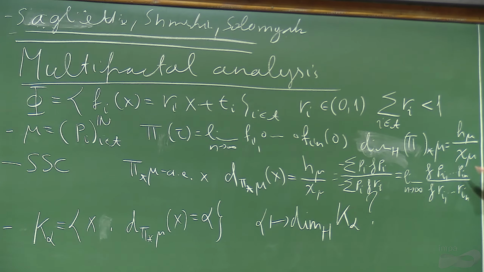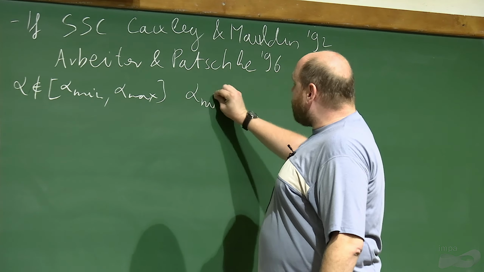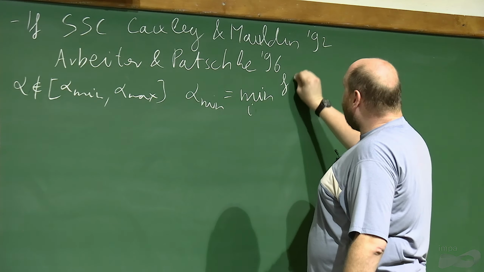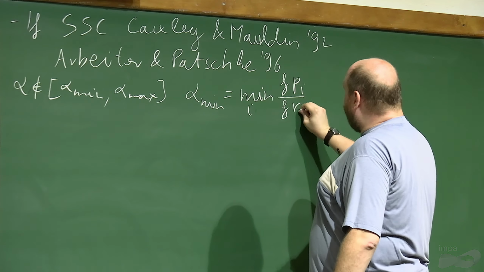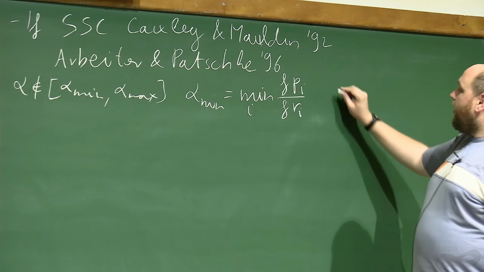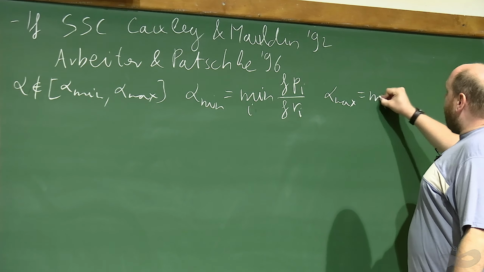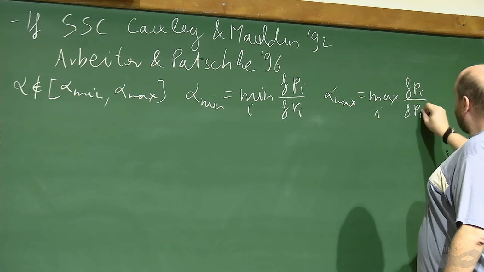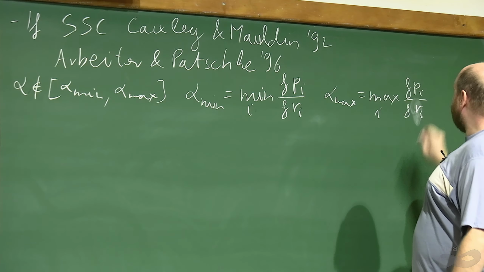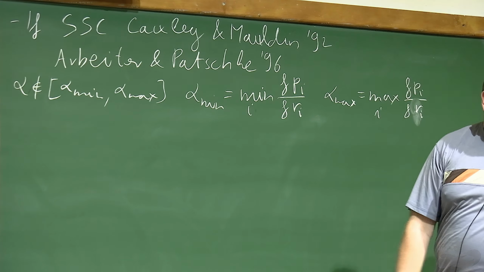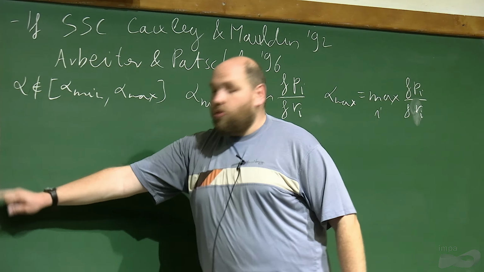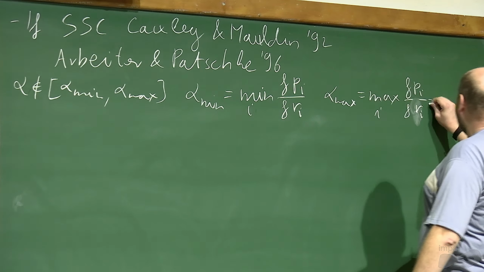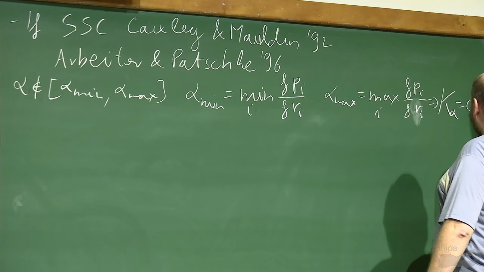And then it's clear that alpha min and alpha max shouldn't be anything else than the smallest possible value of log p_i divided by log r_i, and alpha max should be the maximal possible value. And if you are out of this set, then of course this limit cannot take the value alpha, so then this K alpha set is simply empty.